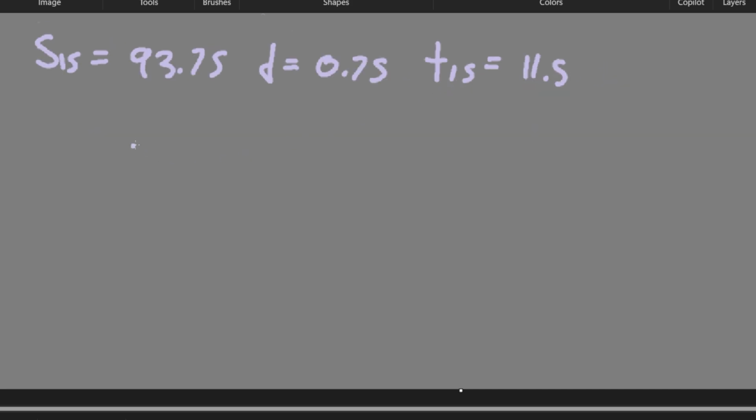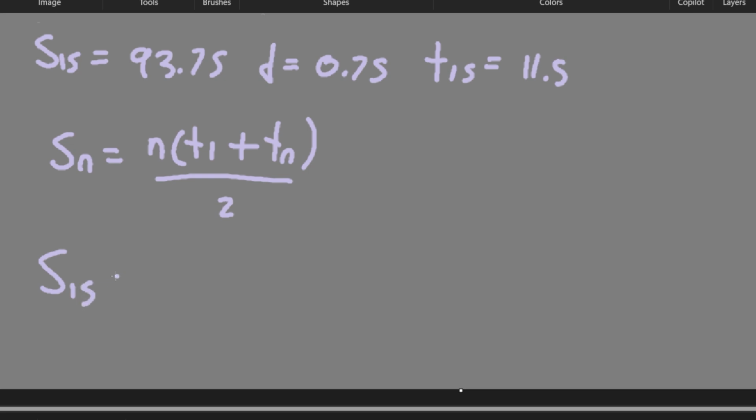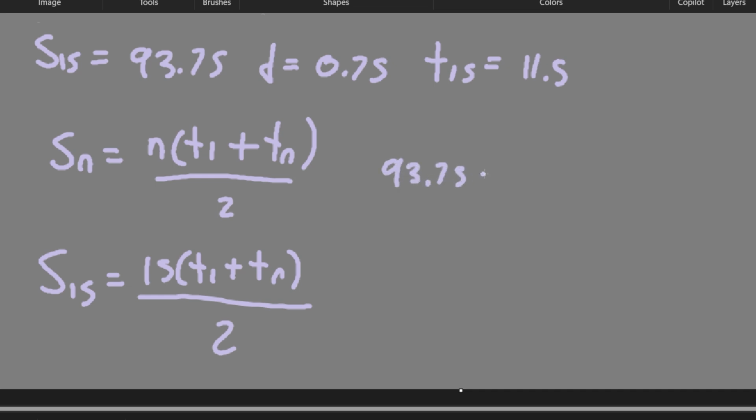So, given this information, do you know the first 3 terms of the series? Let's just get our formula again. Sn equals n(T1 + Tn) over 2. We know that S15 equals 15(T1 + T15) over 2. Well, we know that S15 is 93.75.